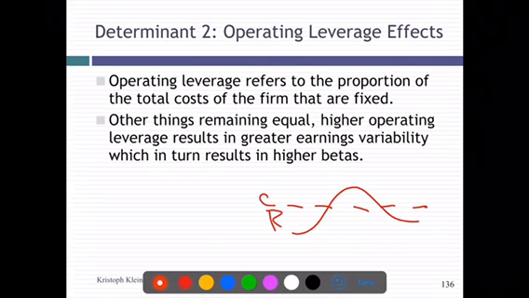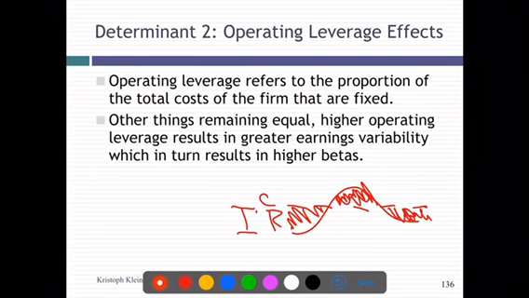So in a bad period, like right here, you're losing a lot of money, right? Because this is all loss. In a good period, you're making a lot of money, right? That's all your gains. Then you have another bad period and you're losing a bunch of money again.